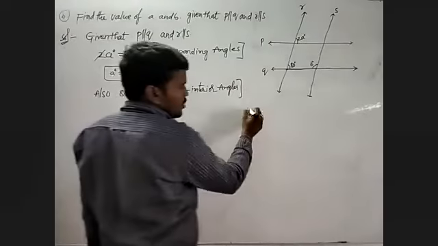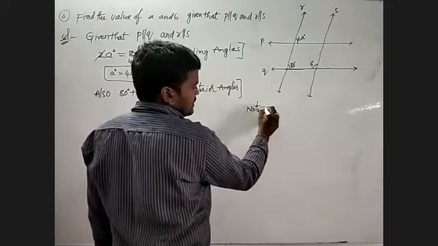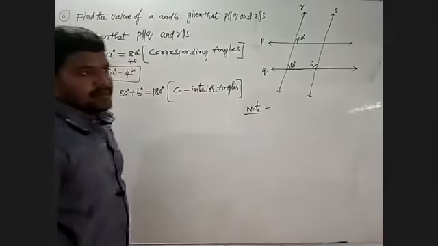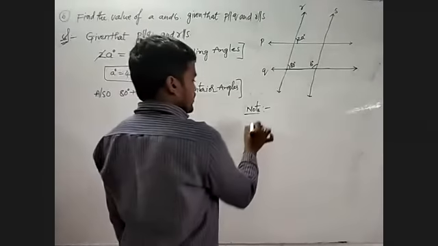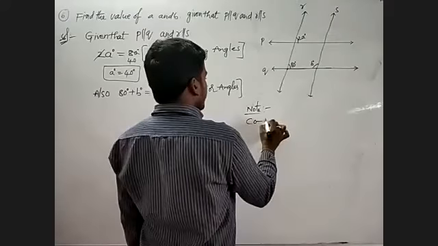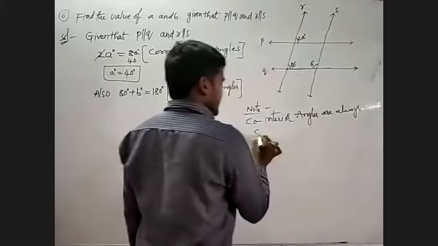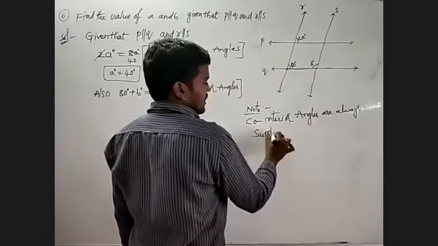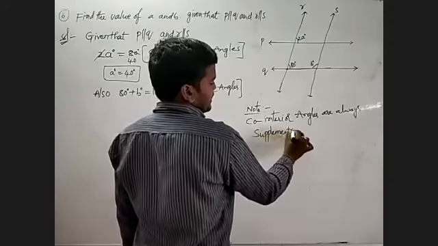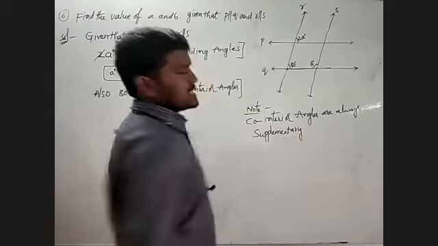Already we know one condition, which I explained in the previous class. Co-interior angles are always supplementary. What is meant by supplementary?